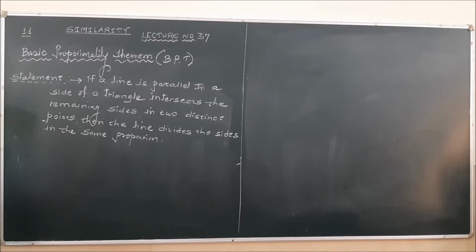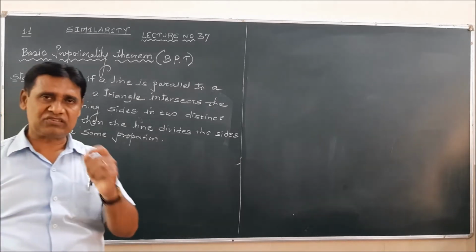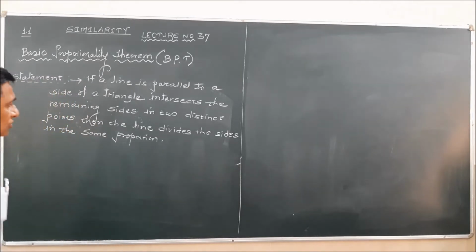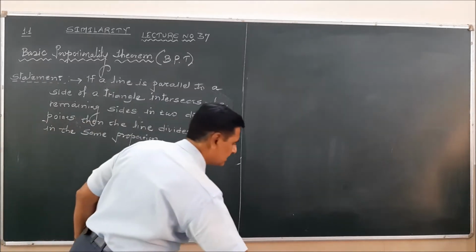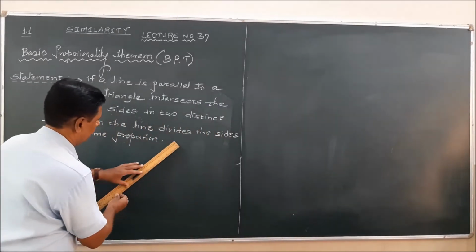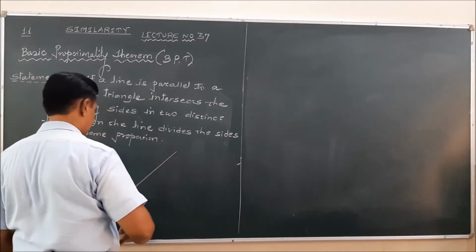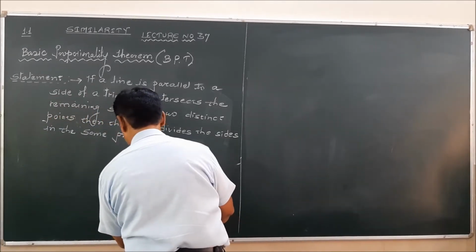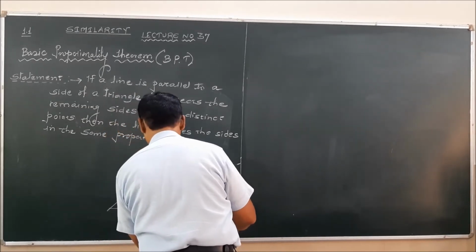We have to write given. We have to write to prove. If you are going to do some construction, you must mention that construction also. So I am going to draw the figure now first. For drawing the figure, you will find first of all a triangle is given. Supposing this figure will carry marks, these all things are going to carry half of the marks, and the total weightage of the theorem is 4 marks.